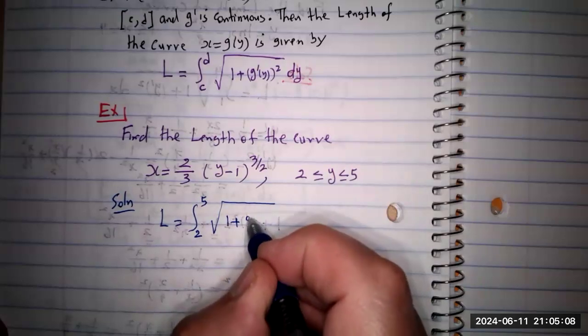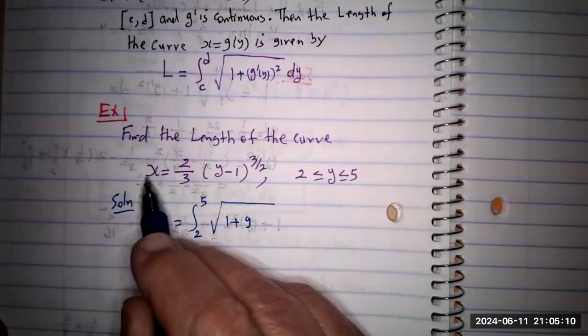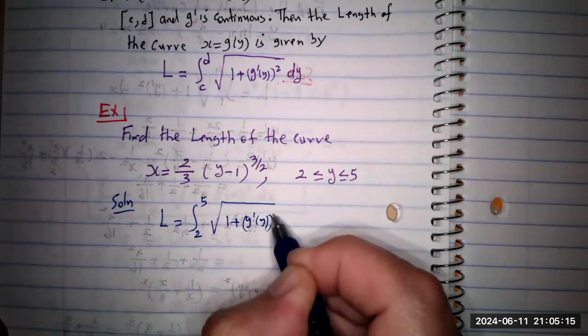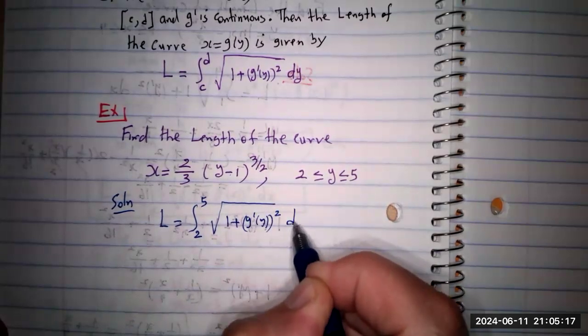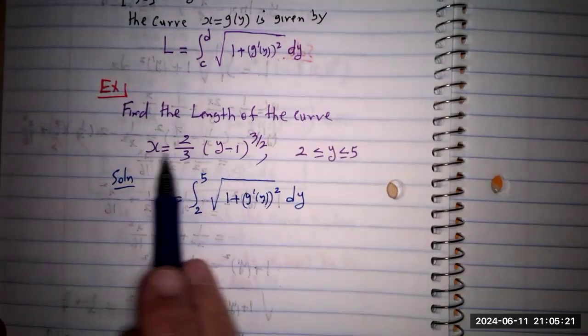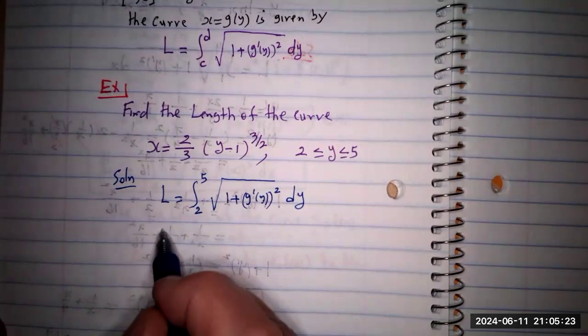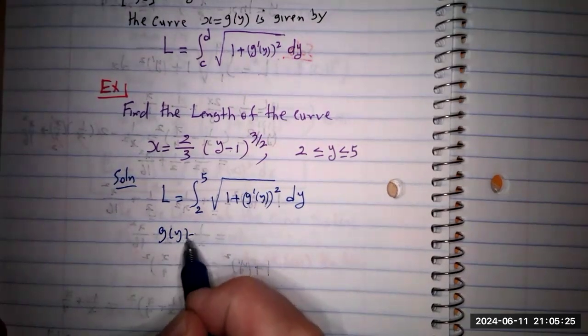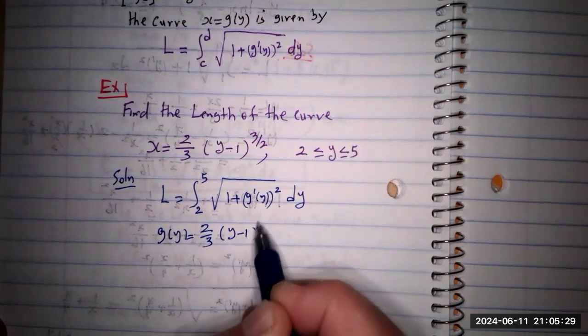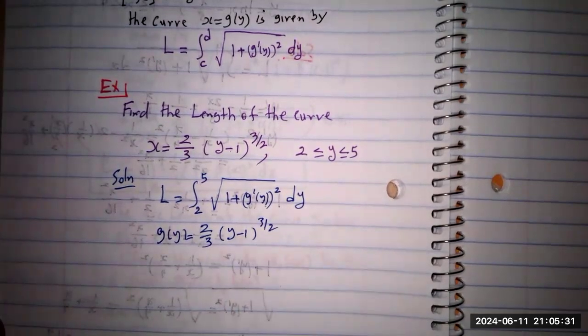So it's going to be g prime of y all squared, dy. So this is going to be your g of y. Your g of y is 2/3 times (y minus 1) to the 3/2.